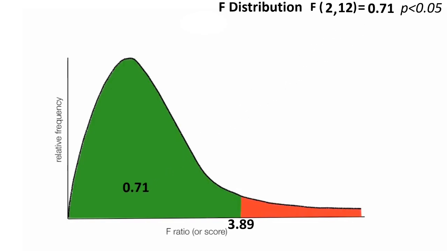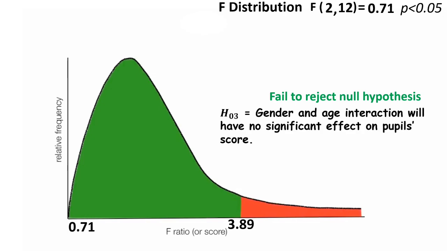So it will fall somewhere here in the green region. In this case, since the F score is less than the critical value, or it is in its left part, we fail to reject the null hypothesis. So it means that gender and age interaction will have no significant effect on pupil's score.